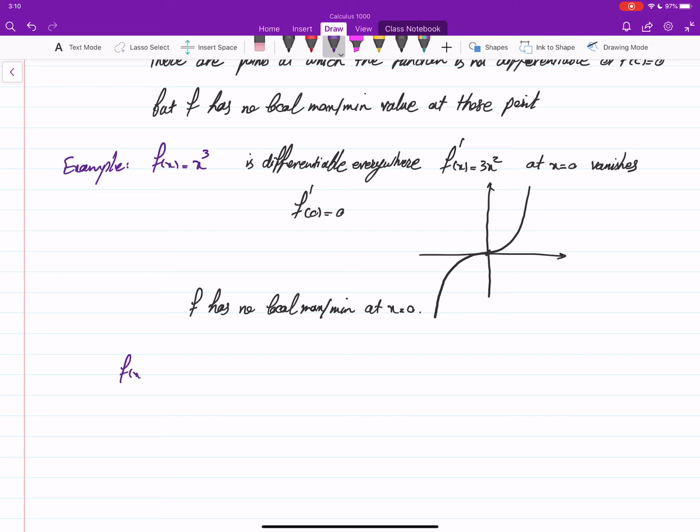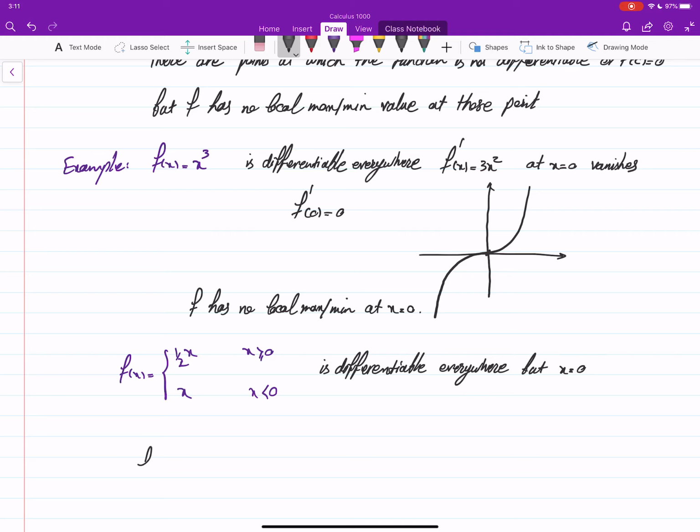Okay? Or we can have another example. For example, f of x equals half of x, just an easy example, when x is bigger than or equal to 0, or x when x is less than 0. Well, this function is differentiable everywhere but at x equal to 0.